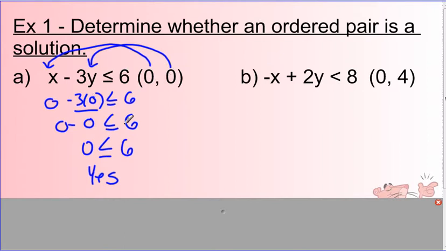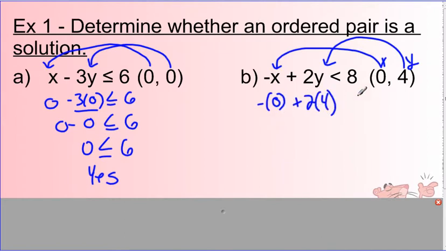It works. Letter B, do the same thing. We plug the x value in for x, the y value in for y. So we get a negative 0, which is just going to be 0, plus 2 times 4, which is 8, and we want that to be less than 8. Well, if we simplify, is 8 less than 8? The answer is no. 8 is not less than 8, so this point is not a solution.